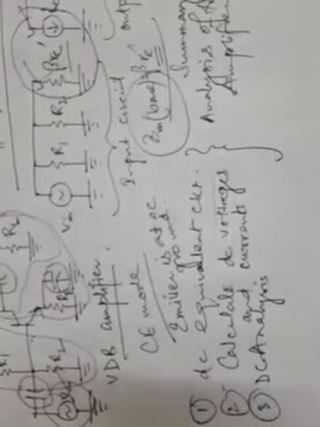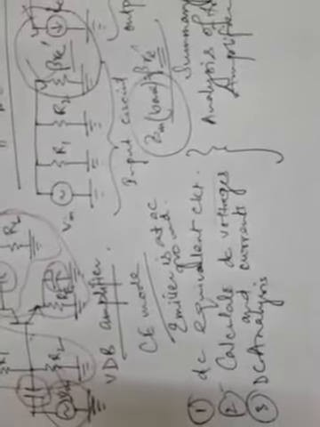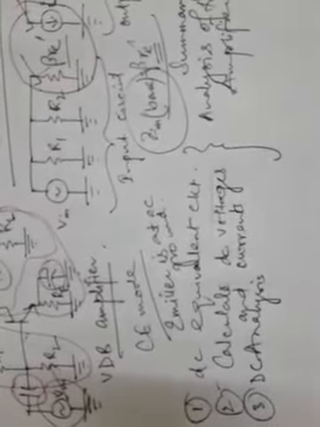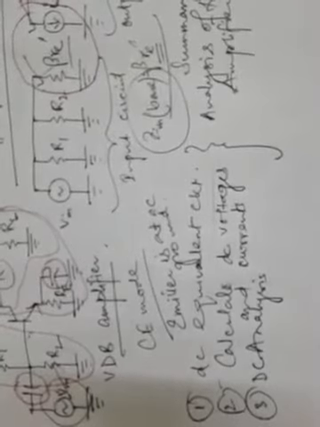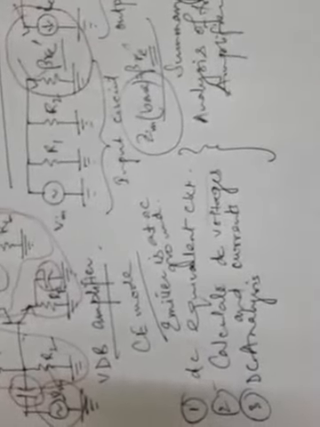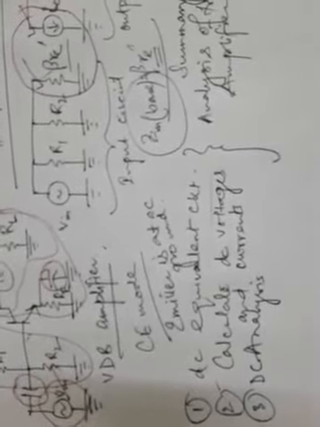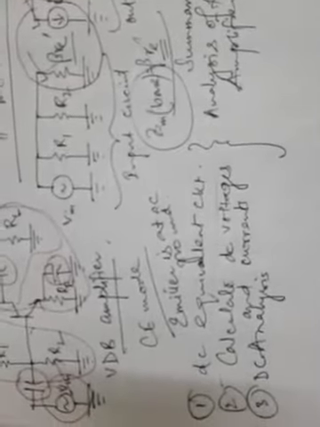From this DC analysis you can draw the load line, fix the location of the Q point, and fix the quiescent values of input voltages and currents, and output voltages and currents, everything from there.